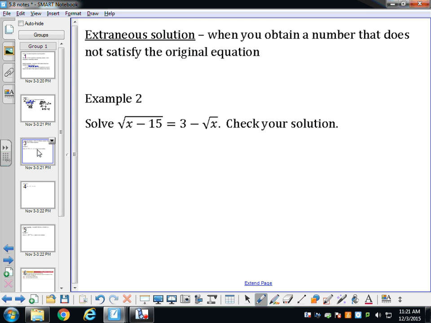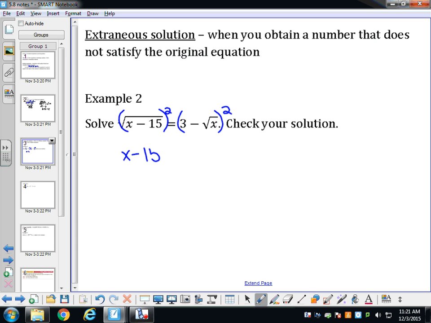Example 2, solve the square root of x minus 15 equals 3 minus the square root of x. Since there's no way I can completely isolate the radical, what I'm going to do is just start by squaring each side. Now when I square the left side, I have the square root and the squared, so those cancel each other out.